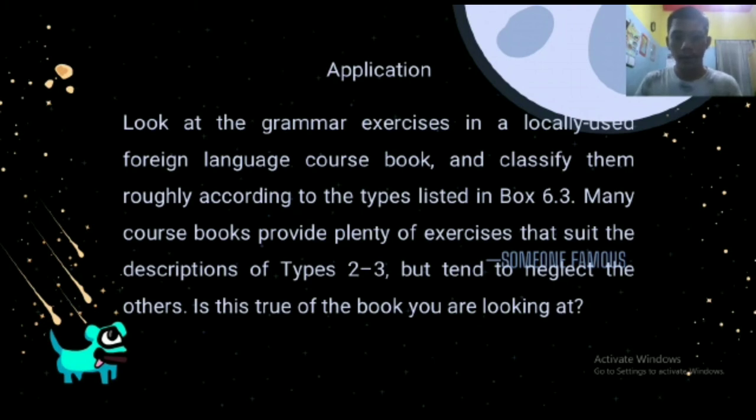Many coursebooks provide plenty of exercises of types 2 and 3 but tend to neglect the others. Is this true of the book you are looking at?